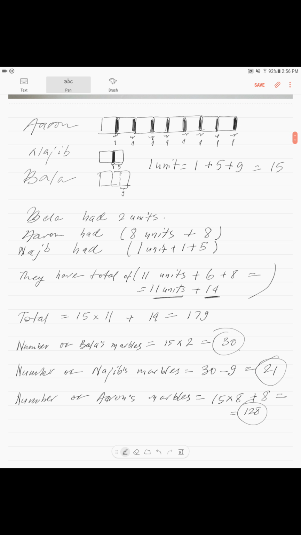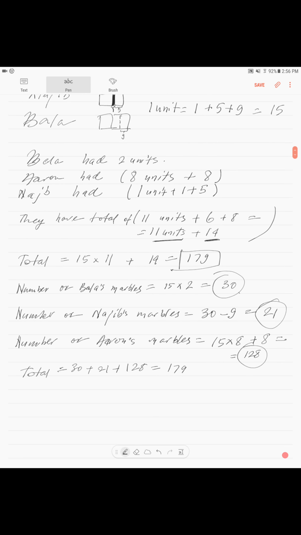If you add all these 3 numbers together, you will get your total: 30 plus 21 plus 128 is equal to 179. That's your answer right here. They have 179 marbles all together.